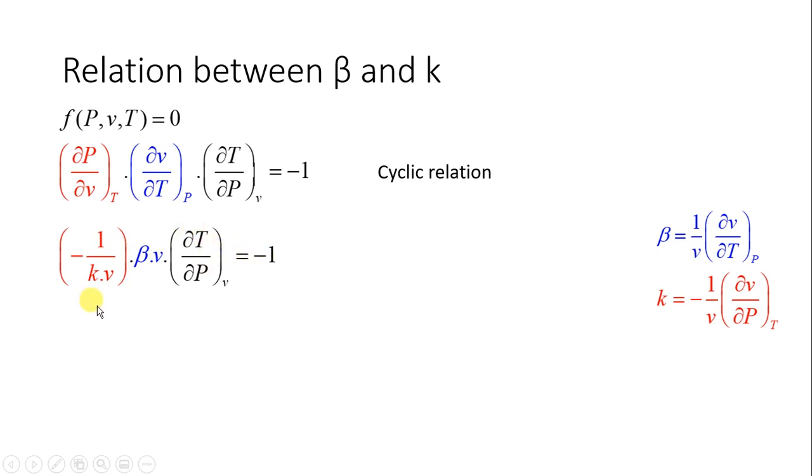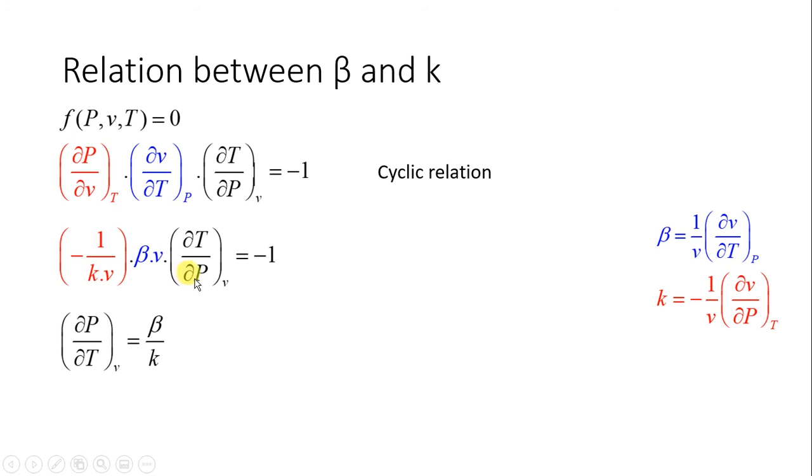So now what you can do is, you can see over here volume and volume will get cancelled, and both sides you have negative, so it will become positive. And dou T by dou P when volume is constant, you will keep on the left hand side, and you can take this on the right hand side.